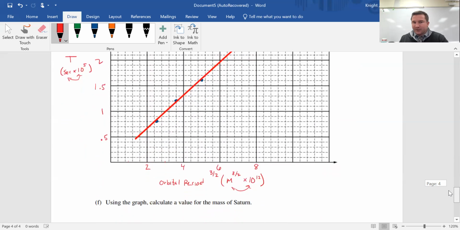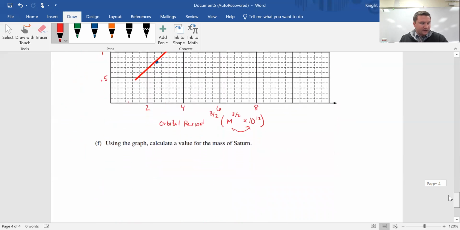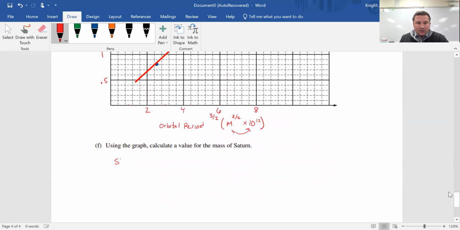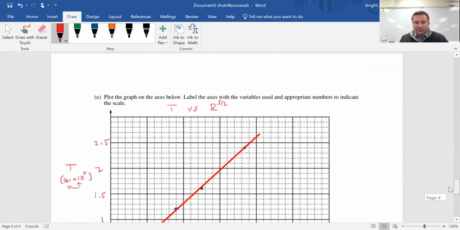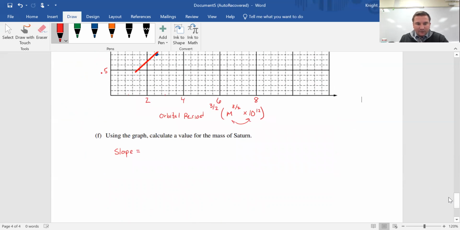So first thing I want to do is calculate the slope, right? Because slope's going to be equal to, what did I say it was going to be equal to? 2 pi over root GMS. The slope is going to be equal to 2 pi over root GMS. I'm actually going to solve for this before.